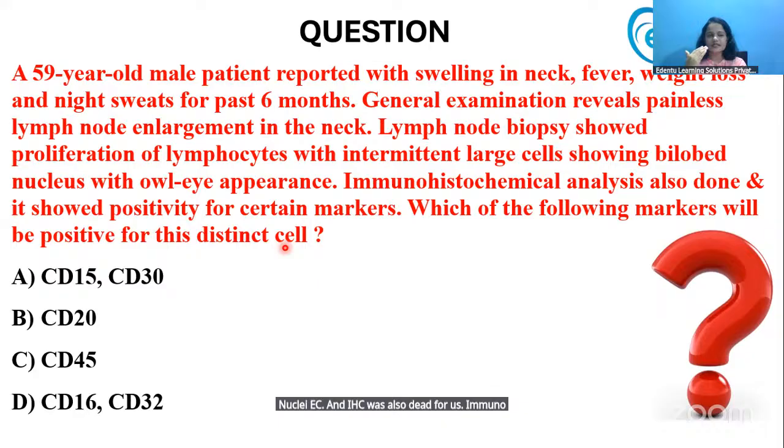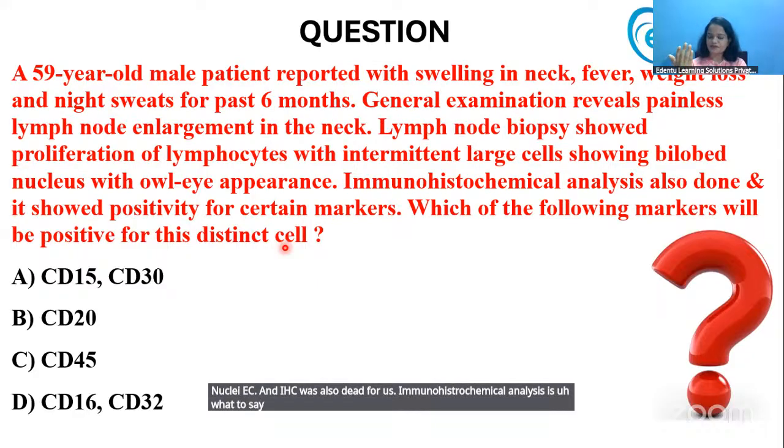Immunohistochemical analysis is a little bit advanced kind of diagnostic method. We use specific markers for identifying specific cells or specific tumors.